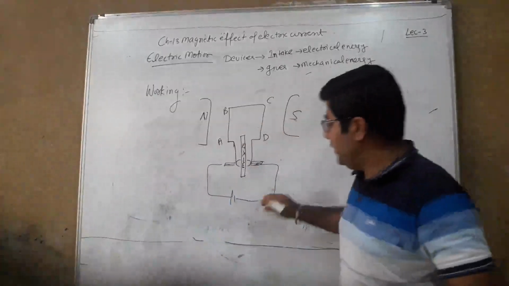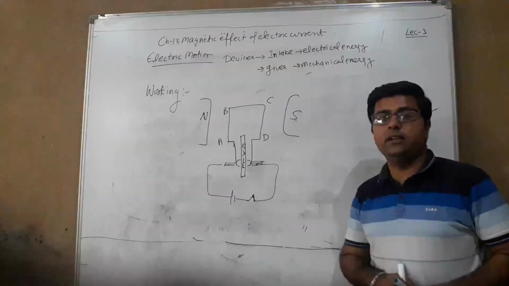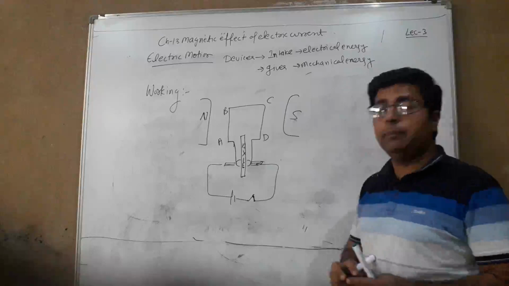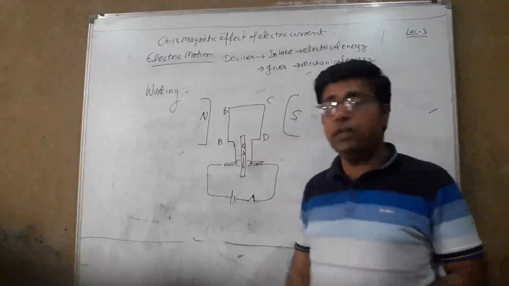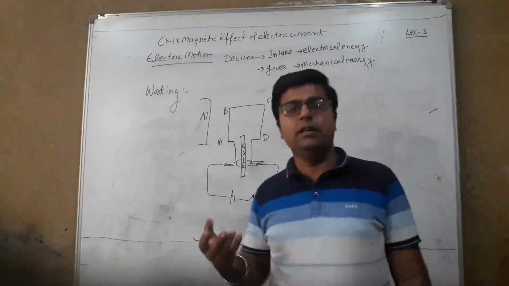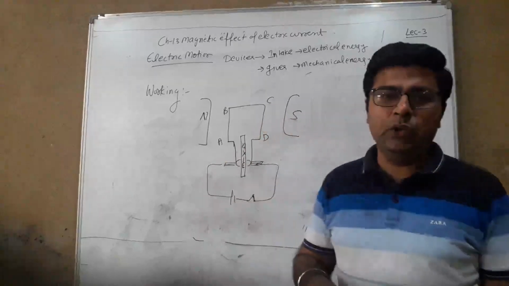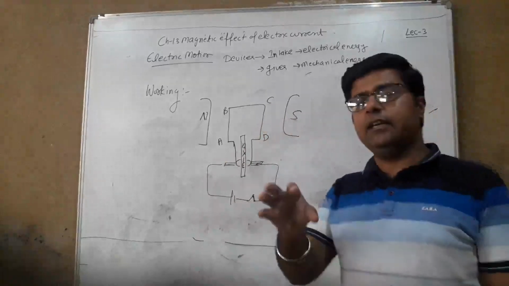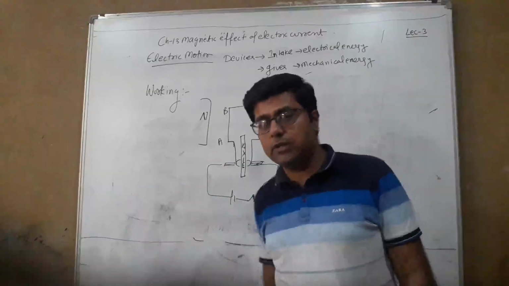Obviously, when we switch on the circuit, or when we close the circuit, current will pass through the armature. Armature means current carrying coil, and inside the current carrying coil we have a conducting body, and that conducting body behaves as a magnet, as we discussed in our previous topic.